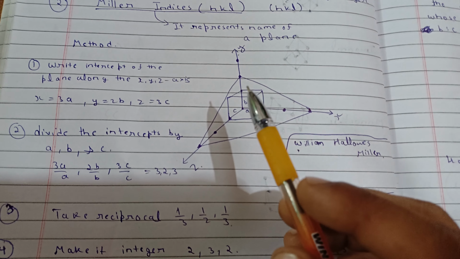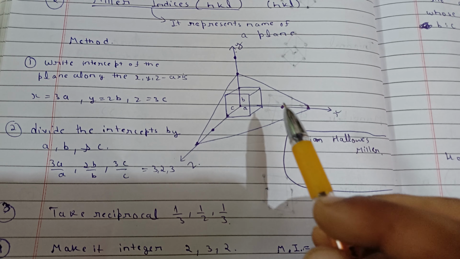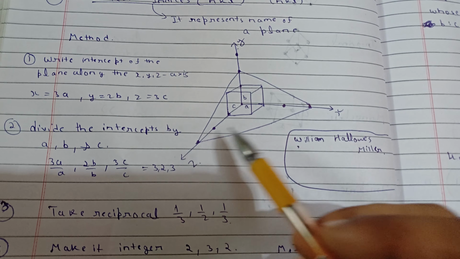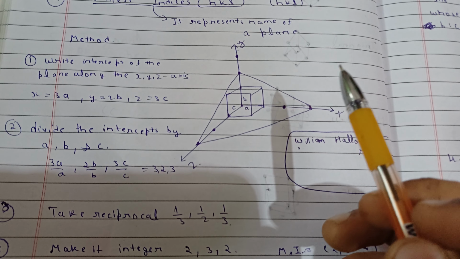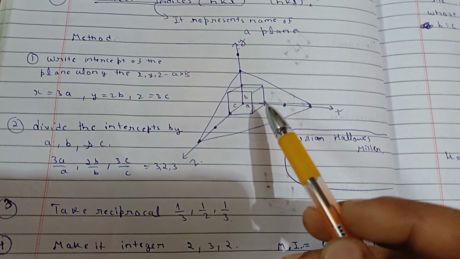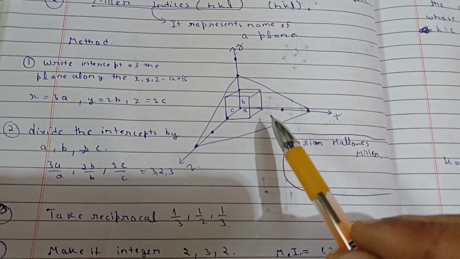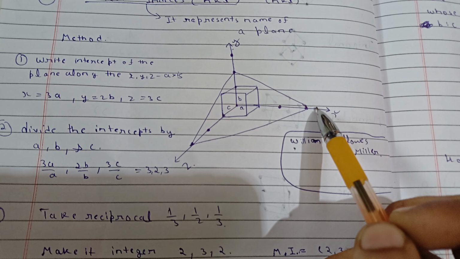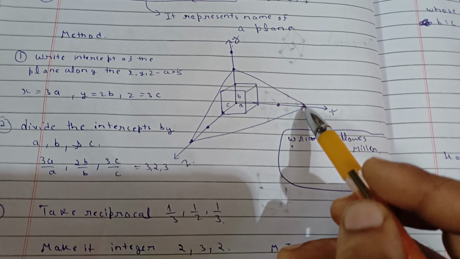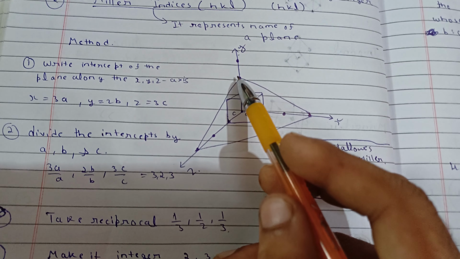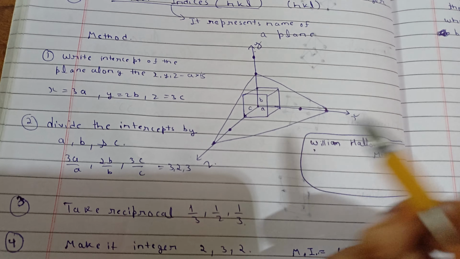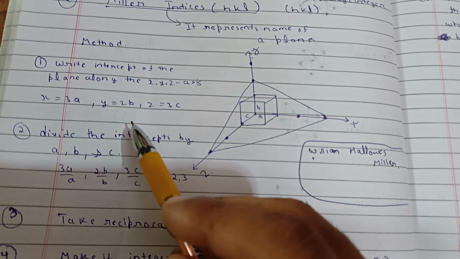The mathematical procedure to find the Miller indices is to just find the intercepts first. For any plane you want to find the Miller indices of, find where that plane intersects x, y or z. Say the intercepts are 3a, 2b and 3c.